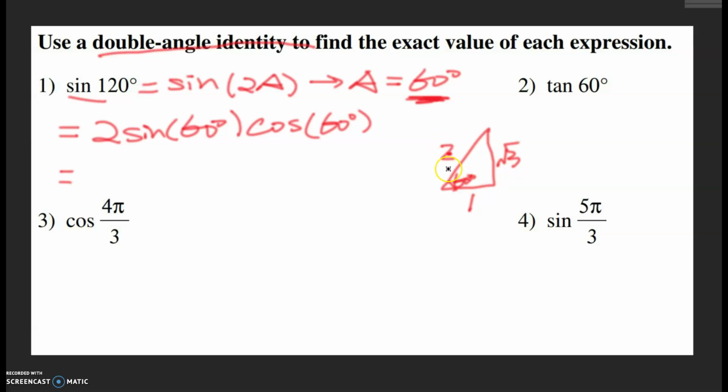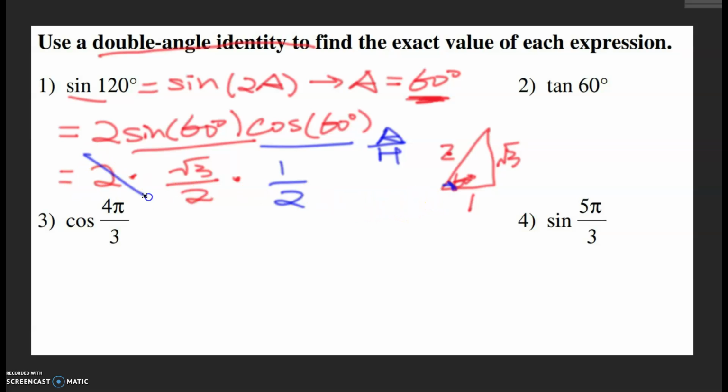So it's 2 multiplied by sine, which is square root 3 over 2, multiplied by cosine. Cosine is adjacent over hypotenuse, so adjacent to this angle will be 1 over 2.